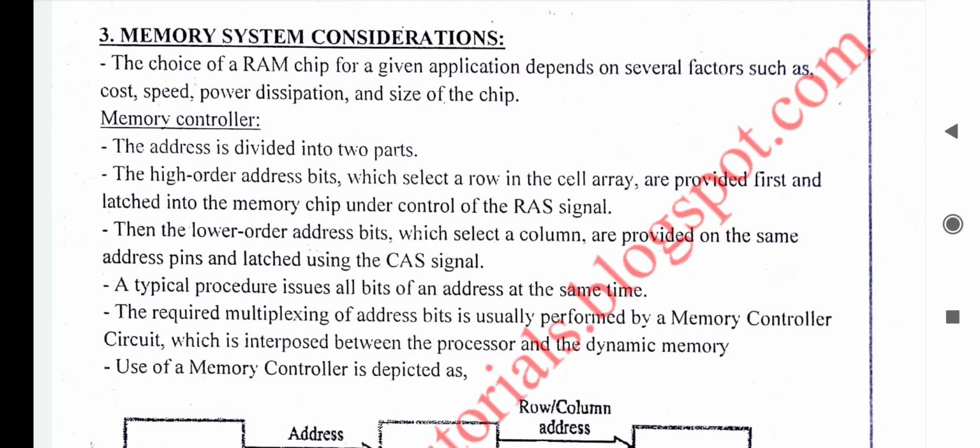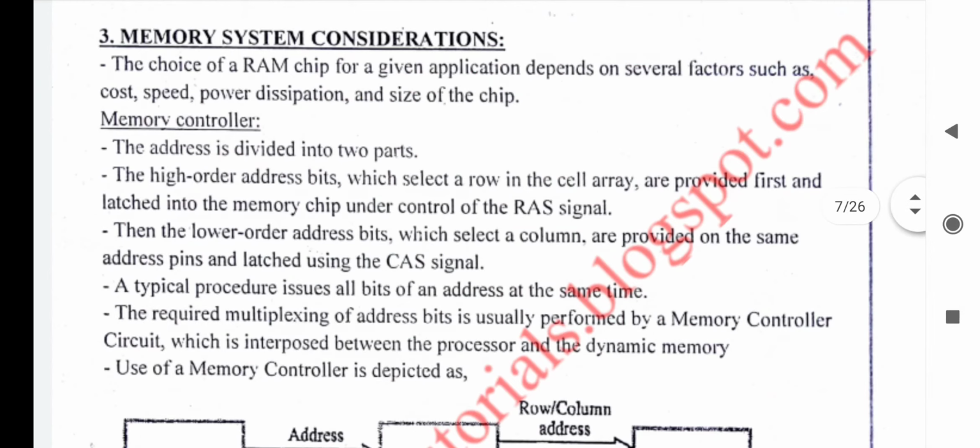We have to choose the RAM chip accordingly. If cost is less, speed is high, power consumption is low, and the size of the chip is small, then we can give it priority. So before making a choice, we need to consider these factors.